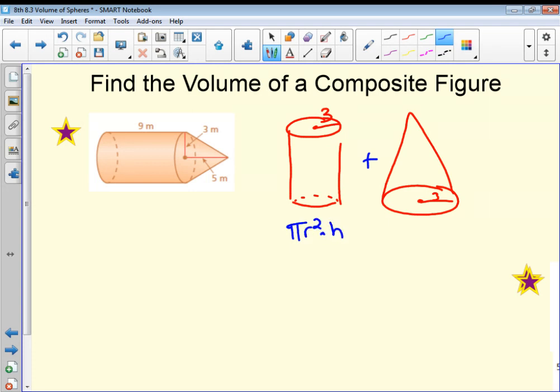And then this one is pi times radius squared times the height divided by 3, because remember it gets smaller and smaller and smaller the way that it goes up. Okay, so this height here is 9. Our height on this is 5.